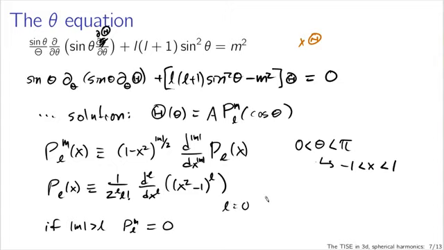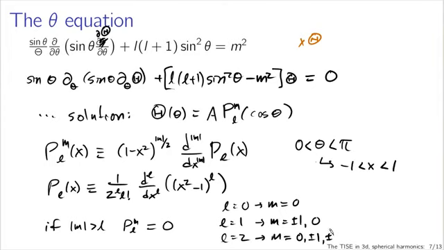If L is 0, m has to be 0. If L is 1, m can be plus or minus 1 or 0. If L is equal to 2, m can be 0, let me write that out properly. M can be 0, plus or minus 1, plus or minus 2, etc. If L is n, M can be minus n, plus 1, etc., up to n.